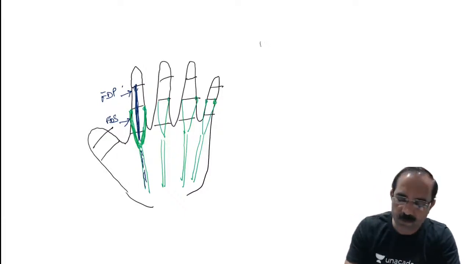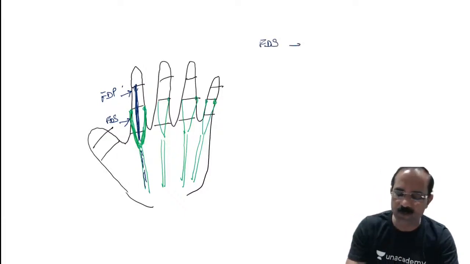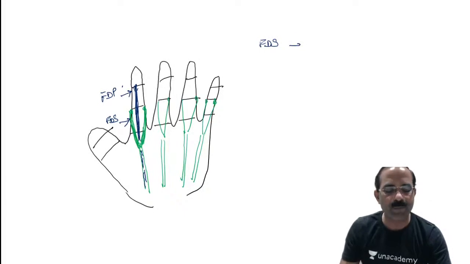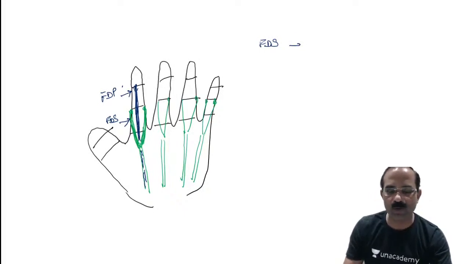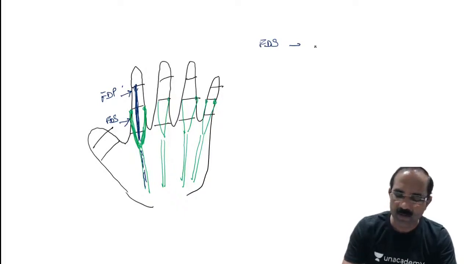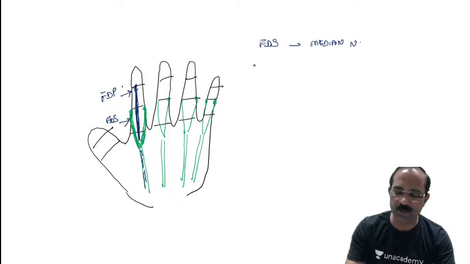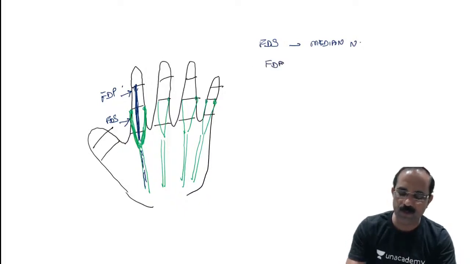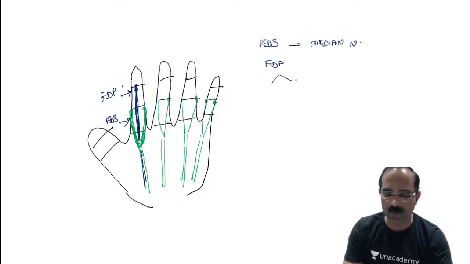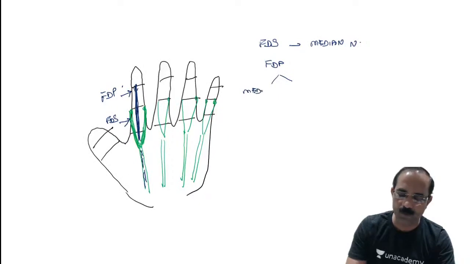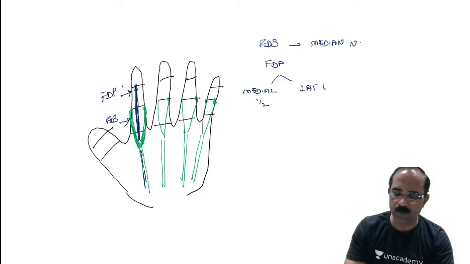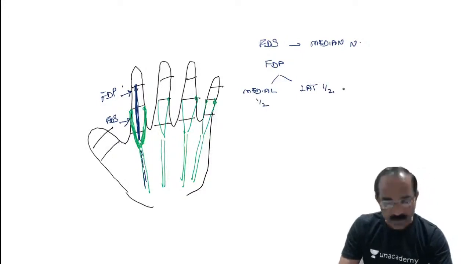What is the nerve supply of flexor digitorum superficialis? Students, nerve supply of flexor digitorum superficialis. Come on. The nerve supply of flexor digitorum superficialis is the median nerve. And flexor digitorum profundus has two halves, the medial half and the lateral half.